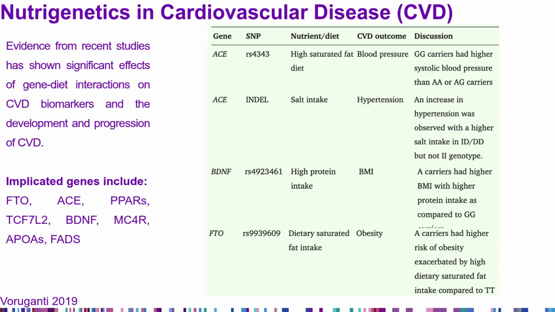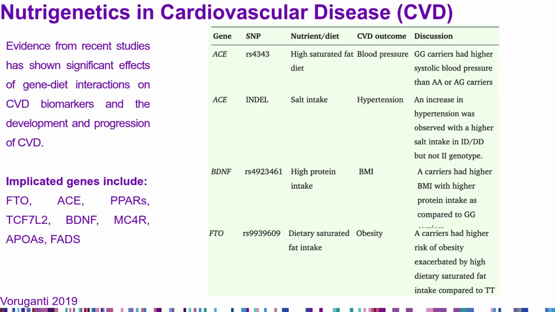We see that A carriers at RS4923461 in the BDNF gene had higher BMI with higher protein intake compared to those who had the GG genotype at this location. And in the FTO gene, A allele carriers at RS9939609 had a higher risk for obesity, which is exacerbated by high dietary saturated fat intake compared to those with the TT genotype.